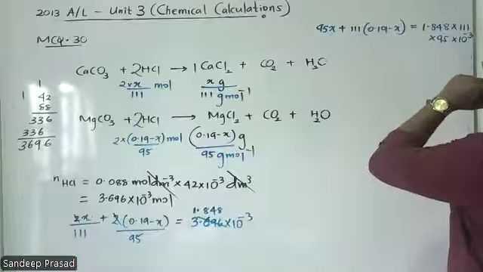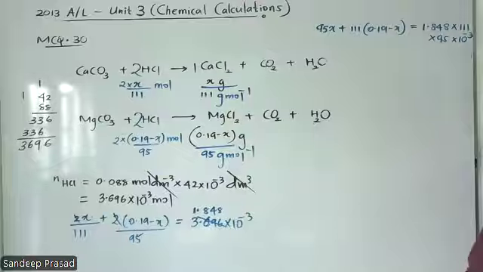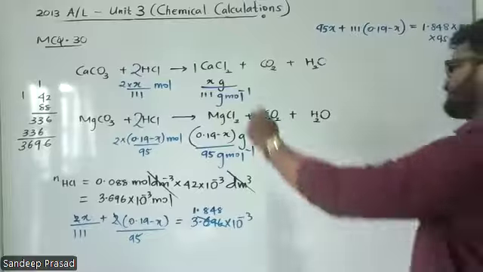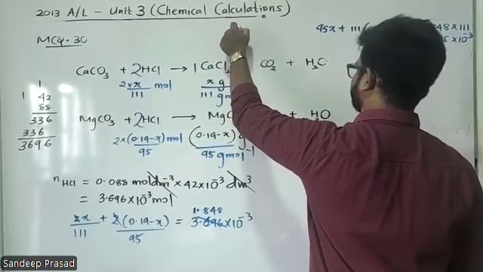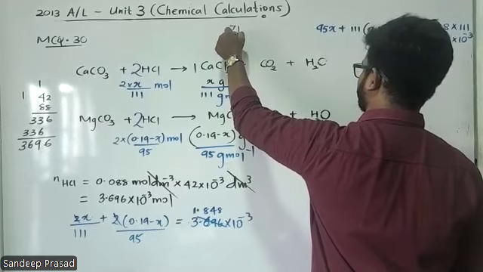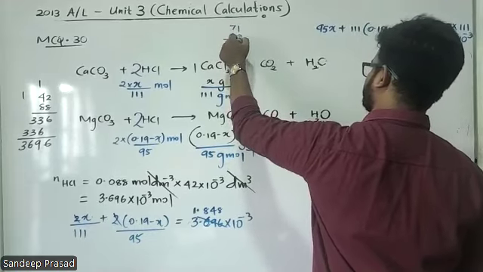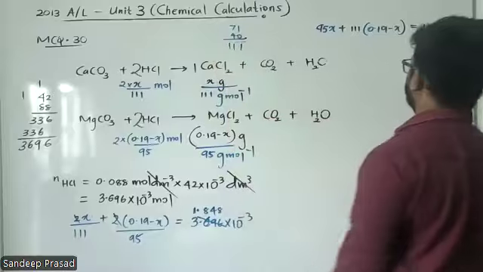So here, calcium chloride molar mass is correct, right? 71 plus 40.